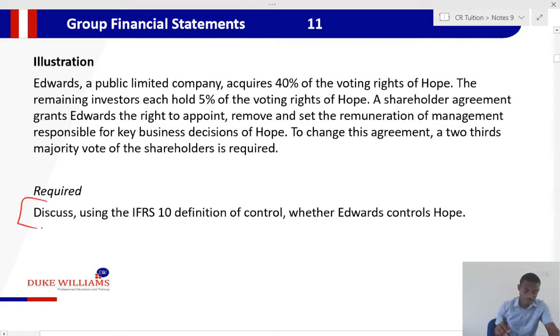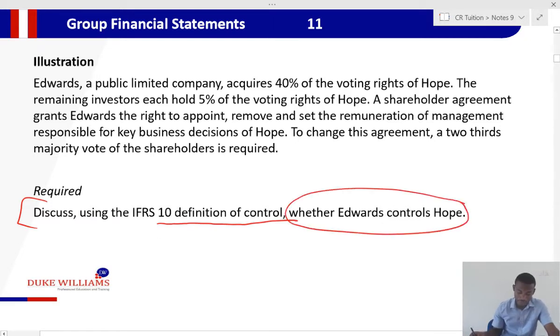Discuss using the IFRS 10 definition of control whether Edwards controls Hope. Let's see. Edwards, a public limited company, acquires 40% of the voting rights of Hope.